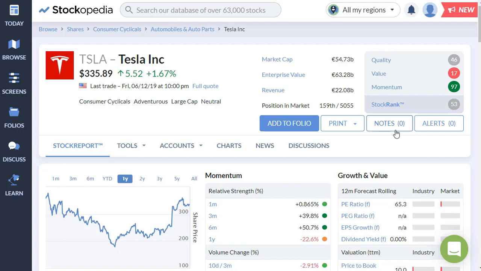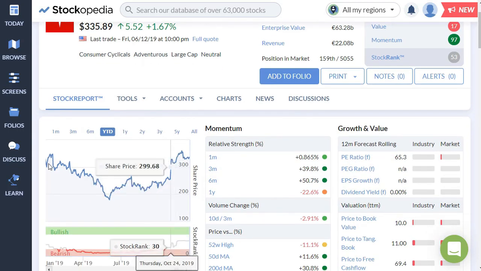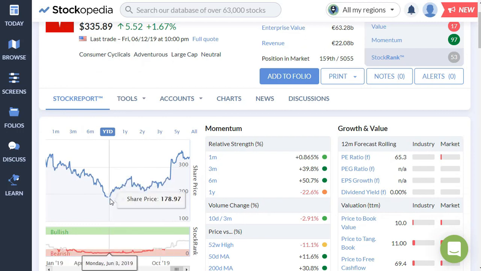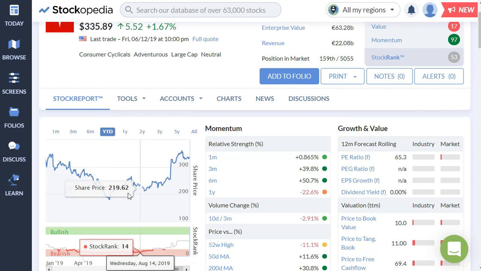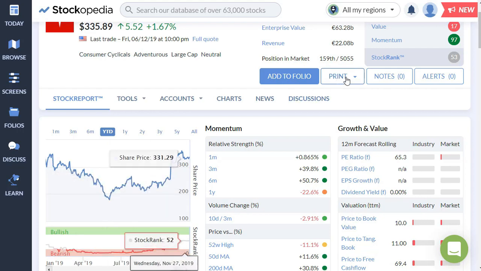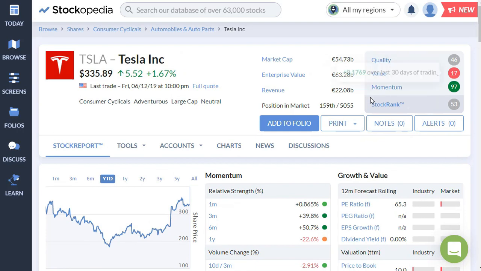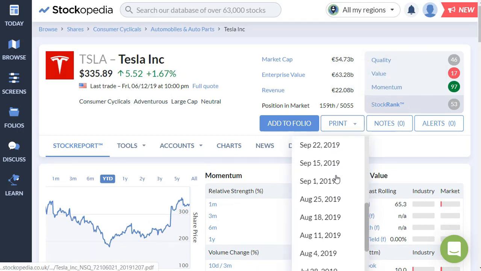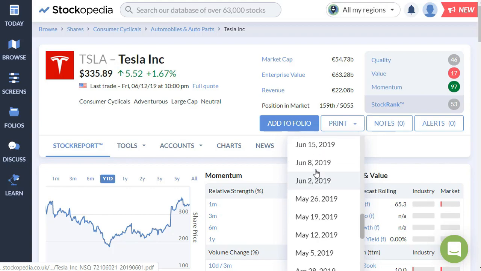Let's say for instance that I look at Tesla just after New Year, and I would like to see what it looked like in June, when I was wondering if I should buy, but I didn't. If I'm curious as to what it scored in June, I can just go down to print, go to June and have a look.